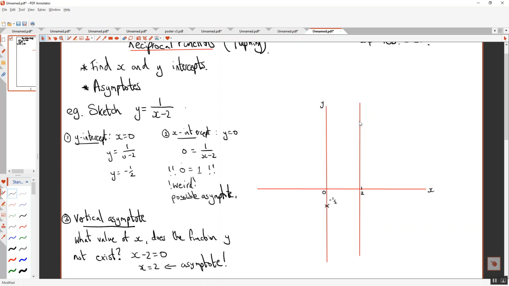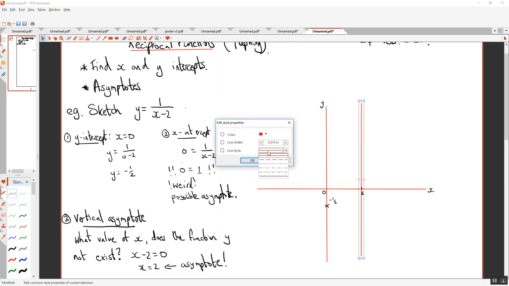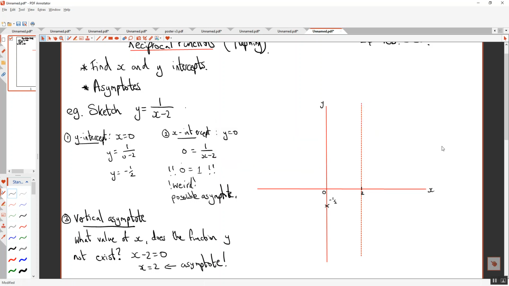And we said we represent our asymptotes by using a dotted line, so make it dotted. Alright, so that is my asymptote. All this is telling us that the function does not exist at this point, okay? If I put 2 into this equation for x, I get 1 over 0, which makes no sense.